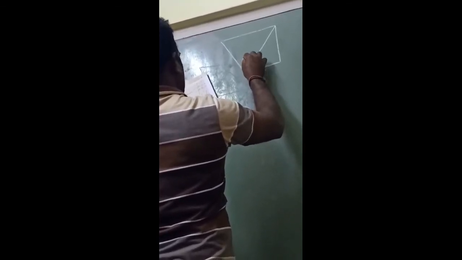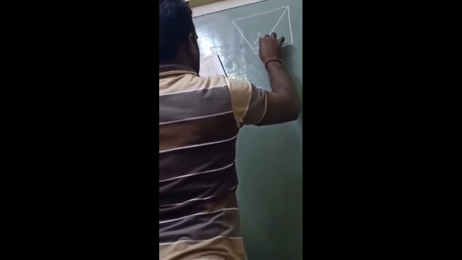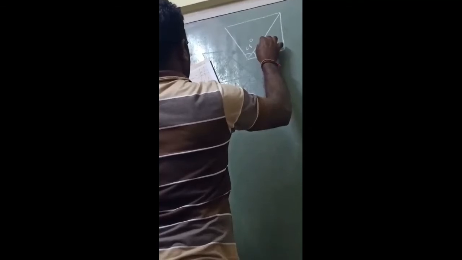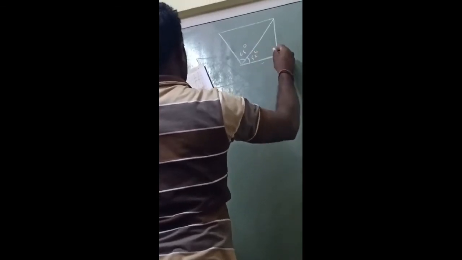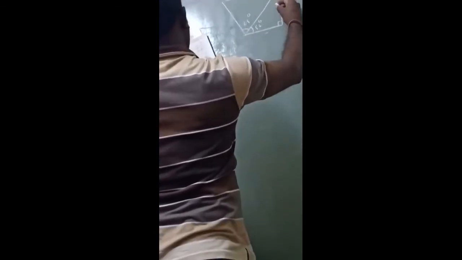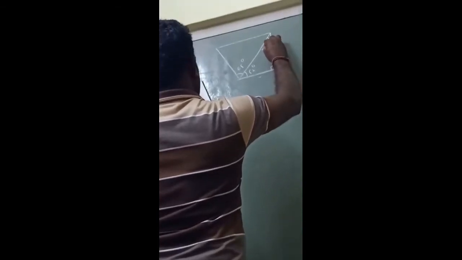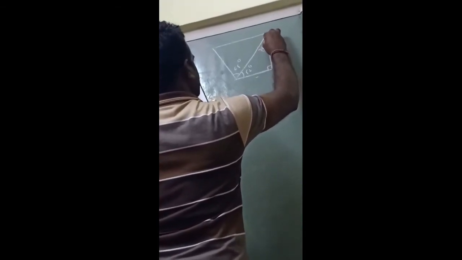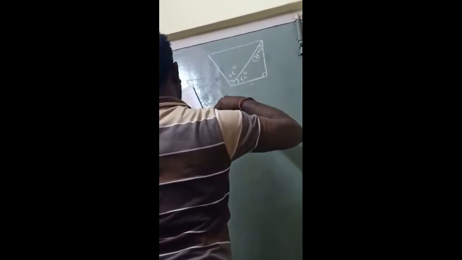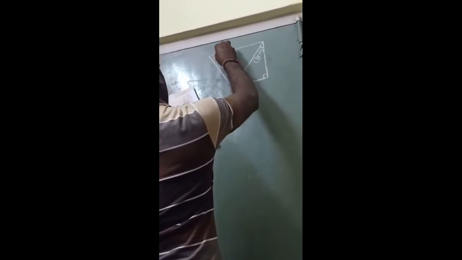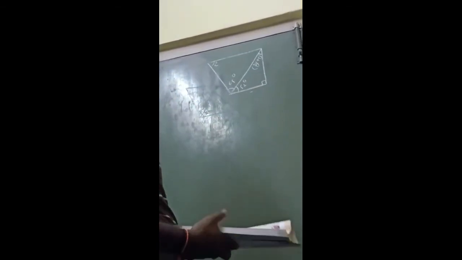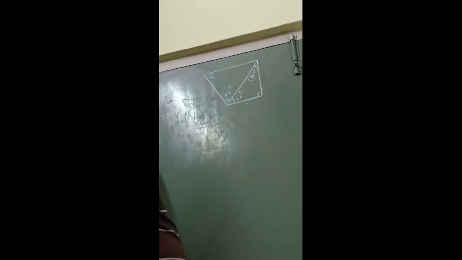This angle is equal to 65 degrees, this angle is equal to 52 degrees, this is 90, this angle is equal to 3y plus 5 degrees, and this angle is x degrees. Find the value of x and y.